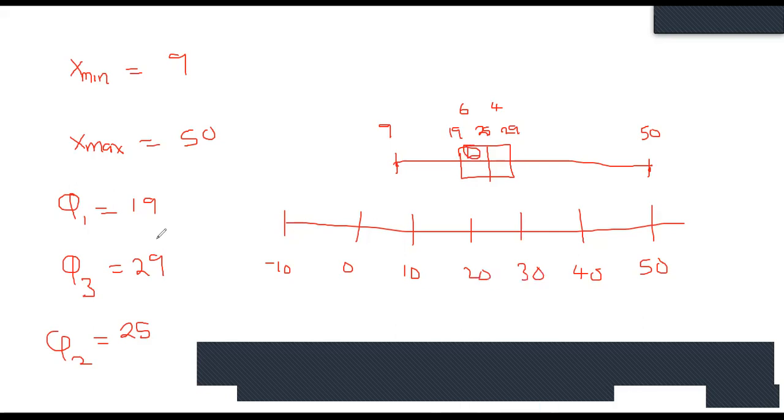Now, the interquartile range is the difference between the lower and the upper quartile. So 29 minus 19, we get 10. So this is called the interquartile range, which is 10. Then you multiply the interquartile range times 1.5. It's a standard figure, 1.5.